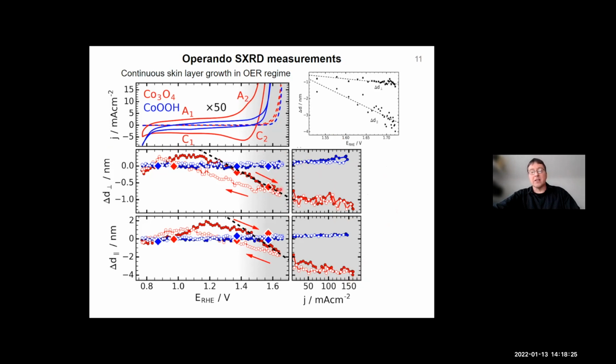You can see there are still some small changes if you plot this as a function of the electrode potential. This is more or less a linear change with potential for the skin layer thickness. So it gradually thickens, and this linear change is similar to what you also find for many passive films on metal electrodes.